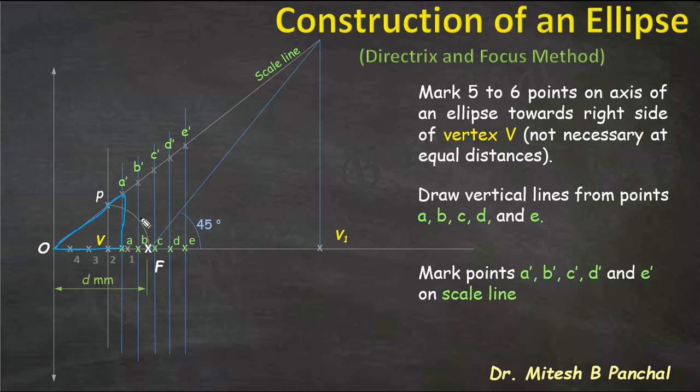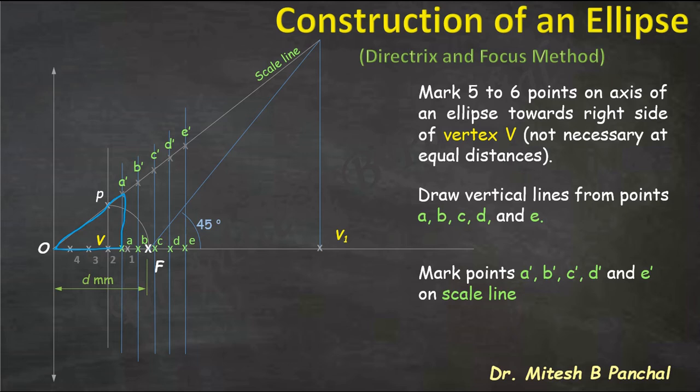So the purpose of this procedure is to locate the points in such a way that the ratio of the distances from the focus to the distances from the directrix remains constant, and that should be equal to the slope of this line, that is equal to eccentricity, that is 2 by 3.